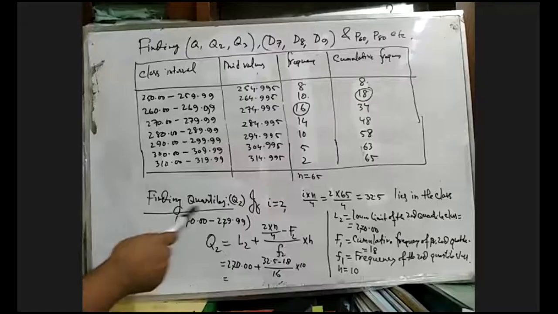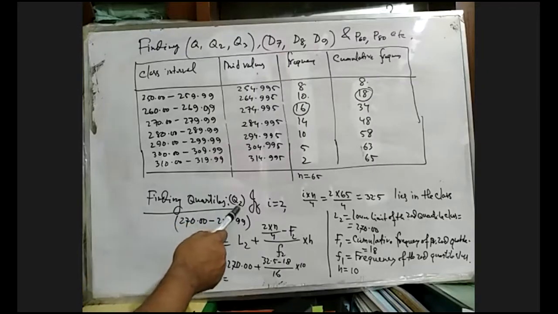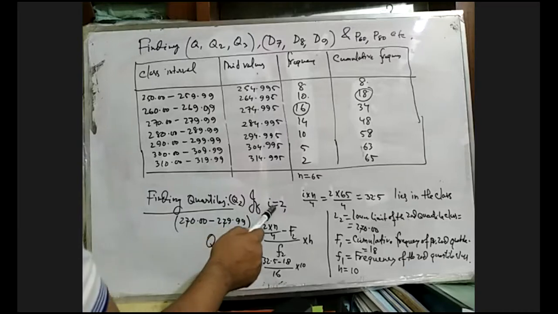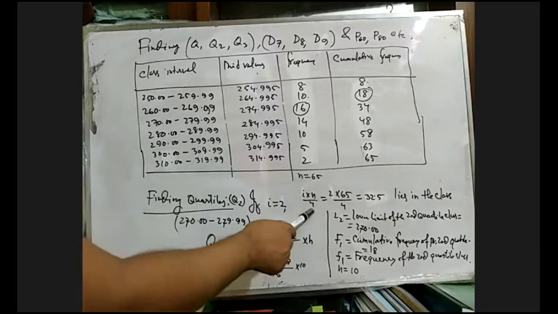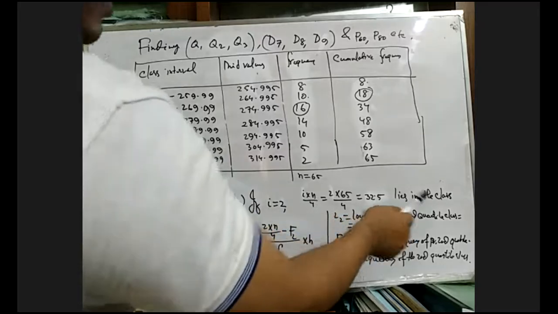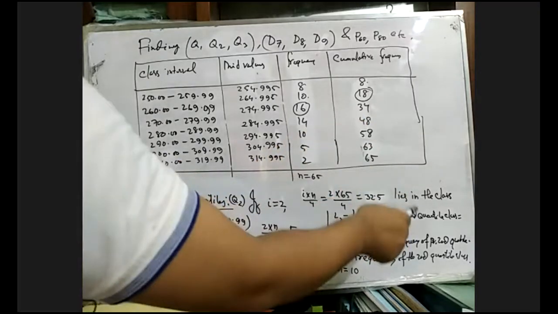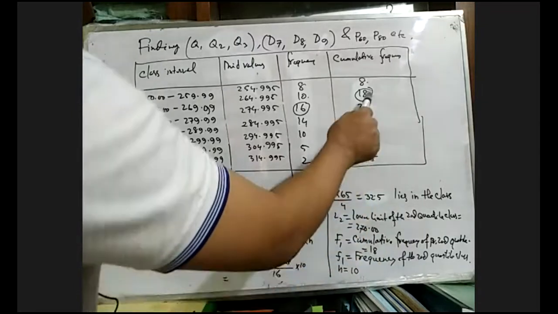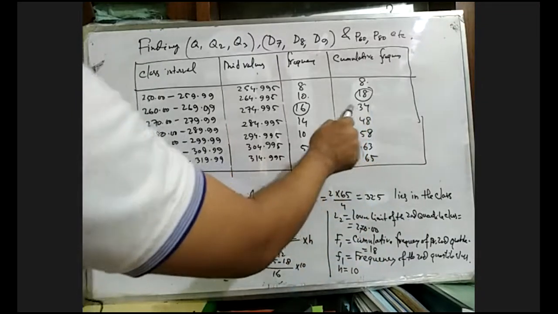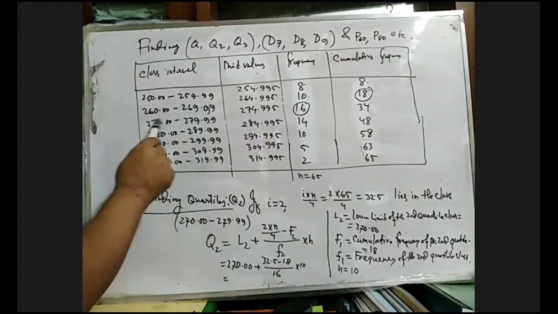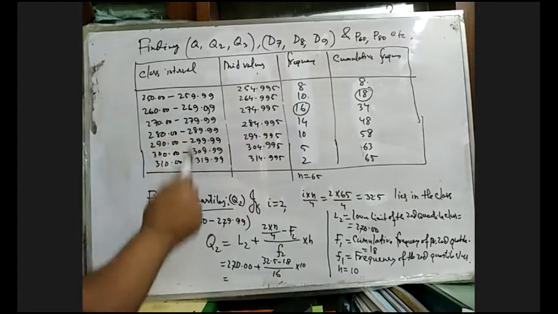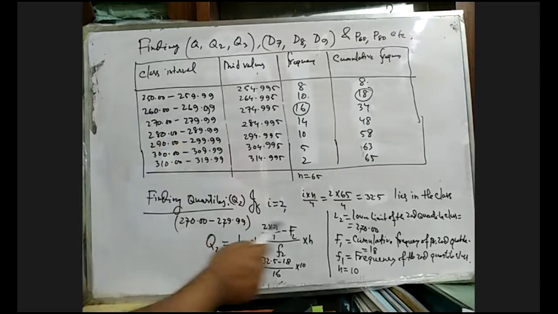So for finding the second quartile Q2, we put i equals 2 in the formula. i multiplied by n divided by 4 equals 32.5, which lies in the third class, 270 to 279.99. In this class lies the second quartile.